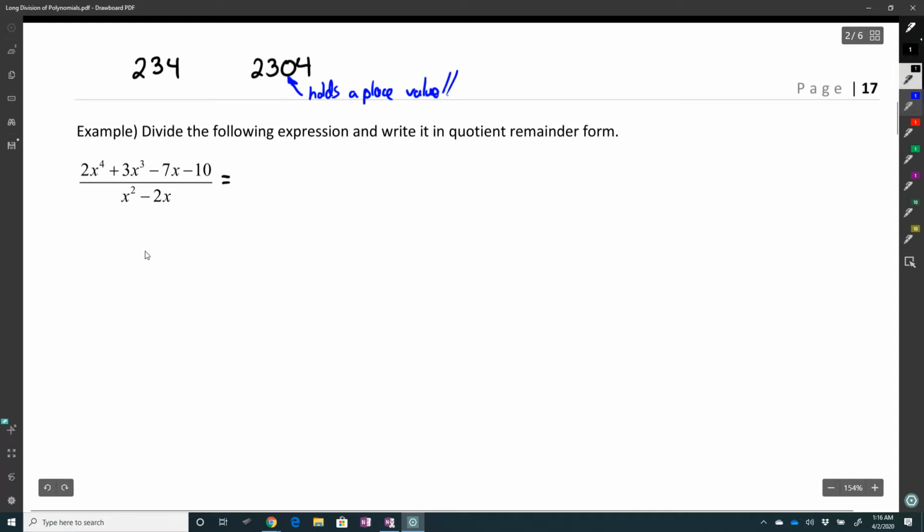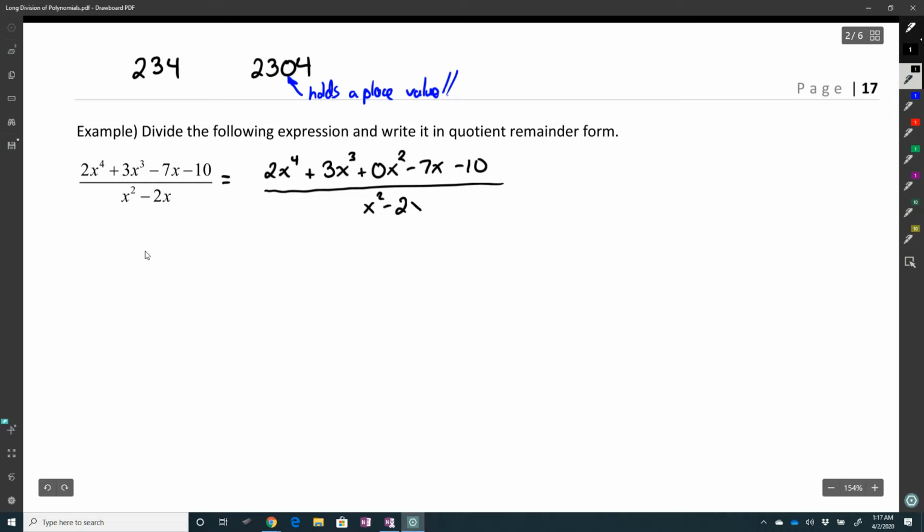Same thing with these. I have 2x to the 4 plus 3x cubed. Notice there's no x squared. I have to have a place value for it. Minus 7x minus 10. And this whole thing divided by x squared minus 2x.